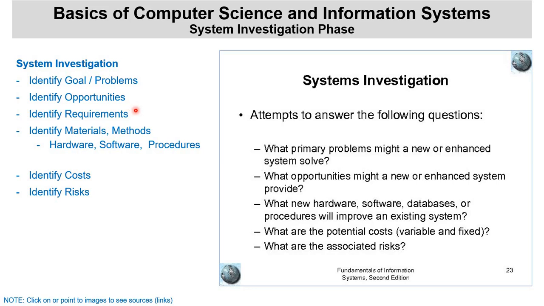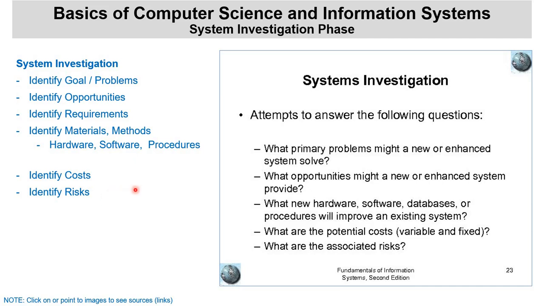And in order to solve this problem, achieve the goal, or get these opportunities, what are the things that we need to start putting in place, which are the requirements, and also what kind of materials and methods in terms of hardware, procedures, software that we need to start putting in place. So this is all like an identification phase, doing some early investigation, and how much do we think this can cost. This is a really rough estimate, and then what are the risks involved in putting this in place, or if we need to go through this.